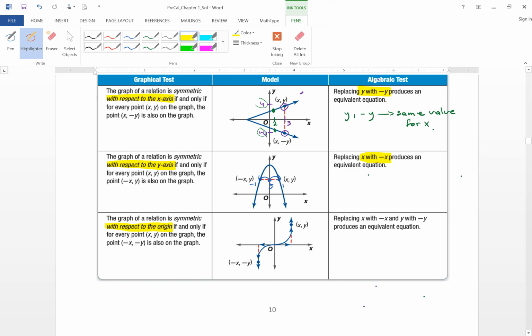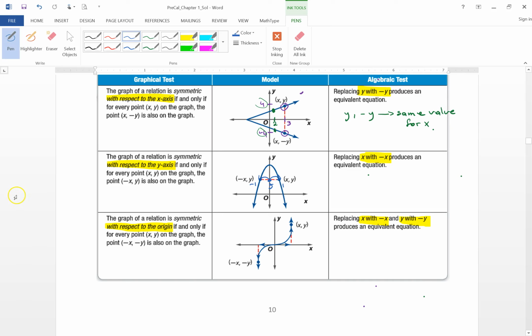You flip down and then over, and you have symmetry. Okay? Imagine you flip this one down and then over, you're going to have symmetry. So how do you test for this? You replace x with -x and y with -y, and you're going to see if you're going to get the same function back. All right, so let's do a couple of examples.